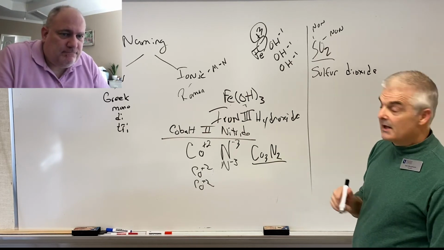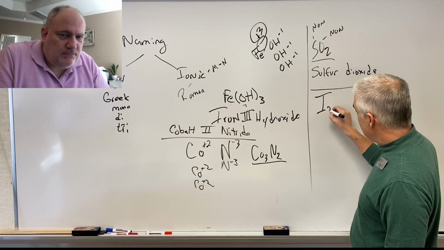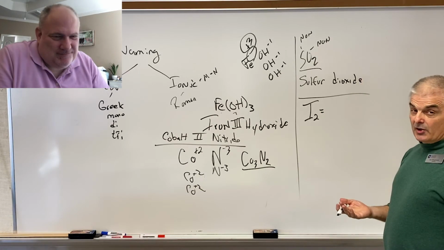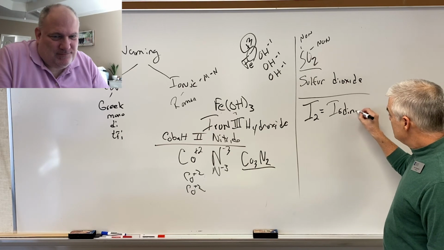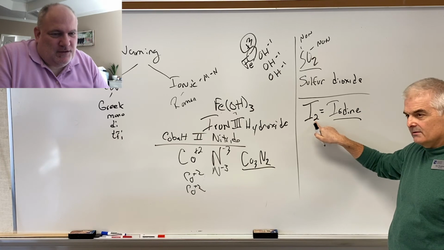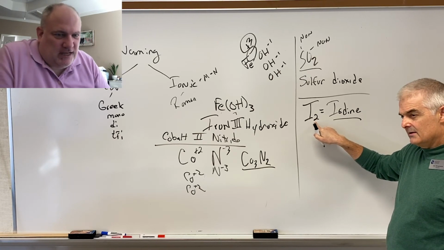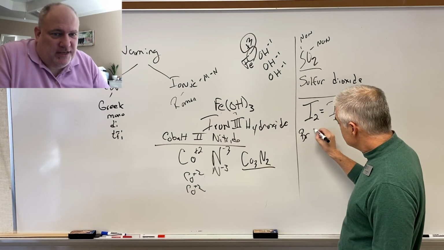Simple. Let me do one last one, guys, and then you're going to just practice. How would I name I2? Yeah, a little tricky. It's just simply iodine. Now, what's the deal with the 2, though, Mr. Dmitrievich? Why is there a 2 there? Well, you remember we talked about this last unit where we talked about Brinclhof. There are some elements that exist in nature in pairs.